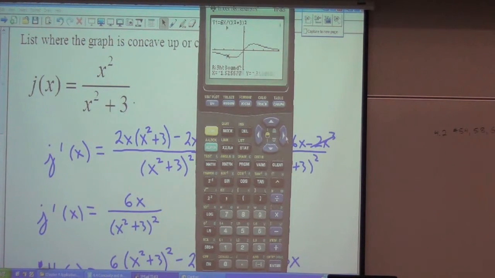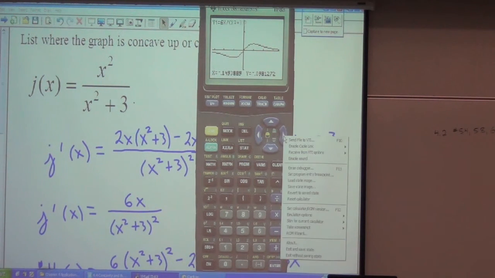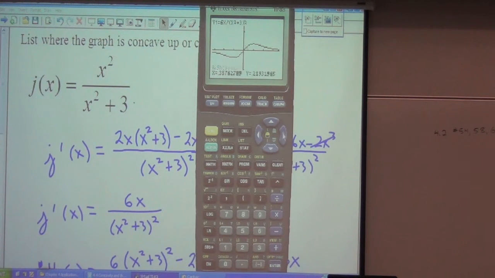Hit enter. Oh, did I hit maximum? Yeah. All right, so we'll find this maximum one. Thanks for catching that for me. So hit enter here. So the maximum was at 1.